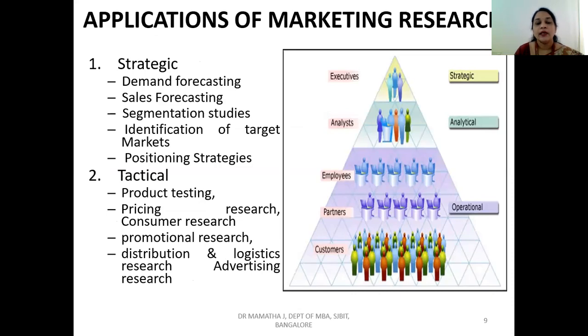In strategies, we are going to discuss demand forecasting, sales forecasting, segmentation studies, and how to identify target markets and positioning strategies. Hopefully you have learned all these in marketing management in the first semester, so we'll brief it in the class also. Then coming to the tactical, it deals with product testing, pricing strategies, promotional research, logistics, distribution, and advertising research.